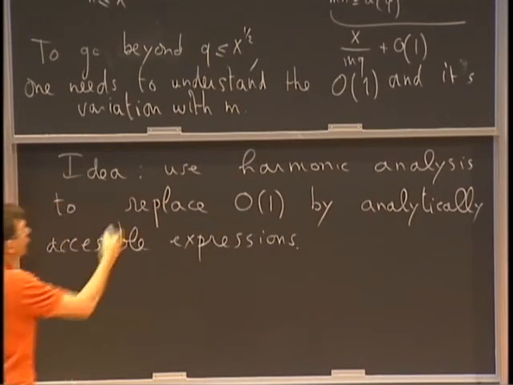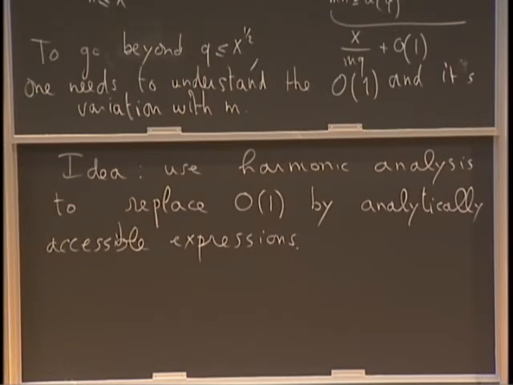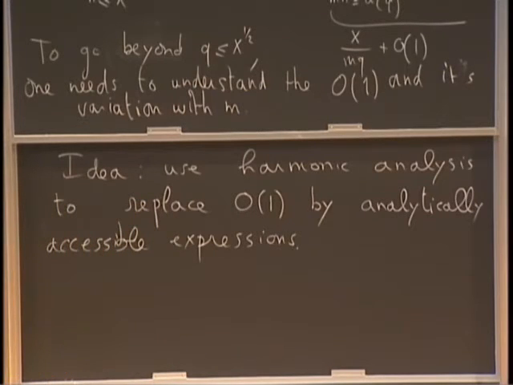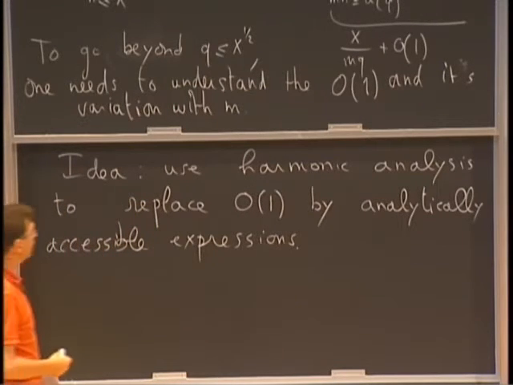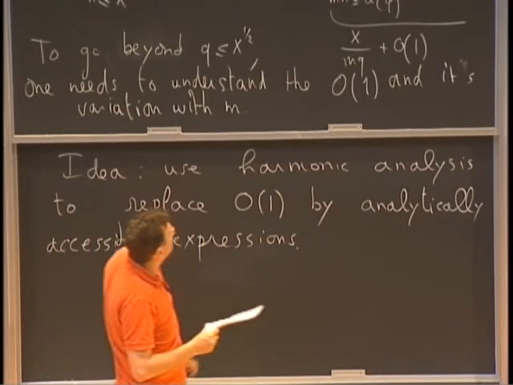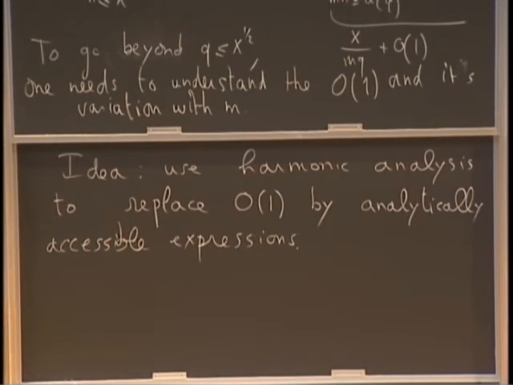By which I mean, of course, you could say this is just some kind of fractional part of something, but usually if you just write a fractional part of something a bit complicated, this is not much more used than just writing big O of 1. It doesn't tell you that much. You need to go a little bit beyond. So the first idea would be to expand in Fourier series the fractional part symbol. That certainly is doable. What I'm going to do will be slightly different.